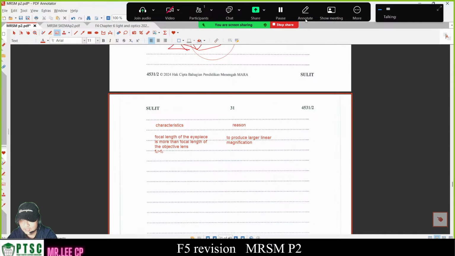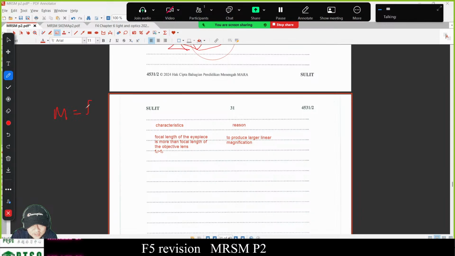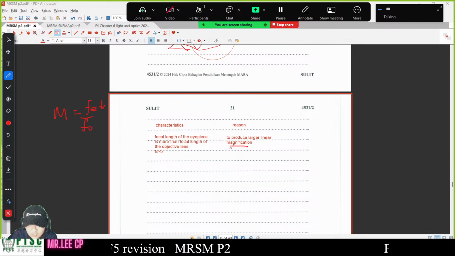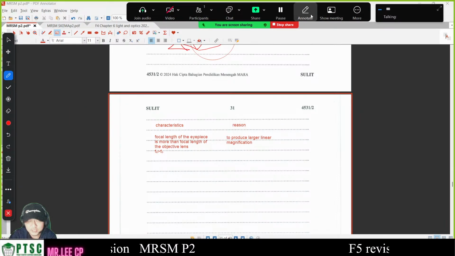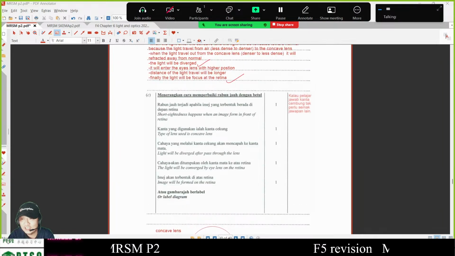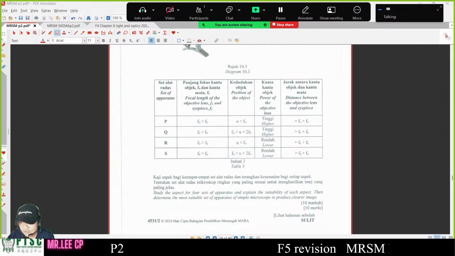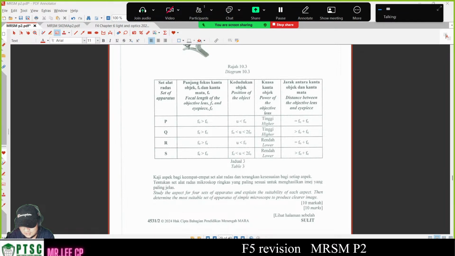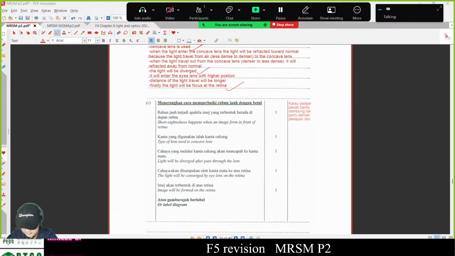Why? Because the magnification is FE over FO. If this one is small, then the magnification is small. So to produce it big, so to see the very, very tiny microorganism. Now the position of the object: U is in between F and 2F.